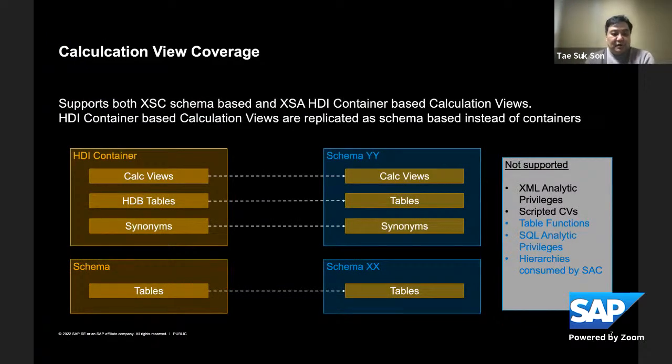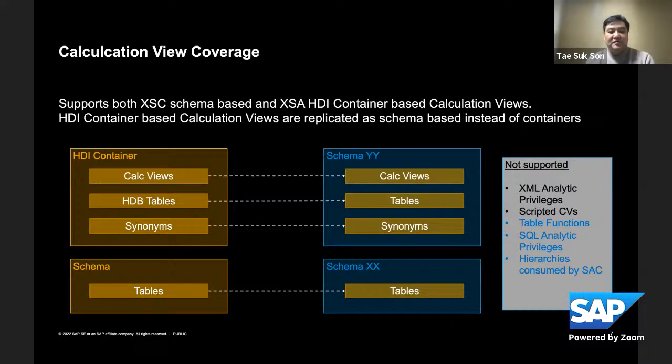So just to go a little bit deeper into what the calculation view replication is covering. Calculation views on your on-prem system can be created in several different types of environments. The traditional calculation view was based on the XS Classic schema-based model, where the design time was stored in the repository, and the runtime object of these calculation views was created as part of the schema, and it is referencing the tables.